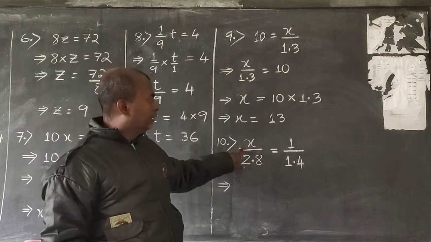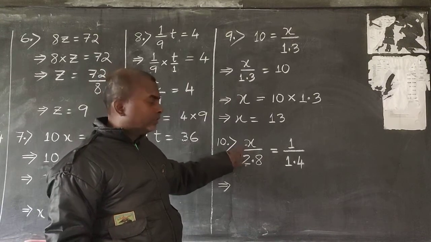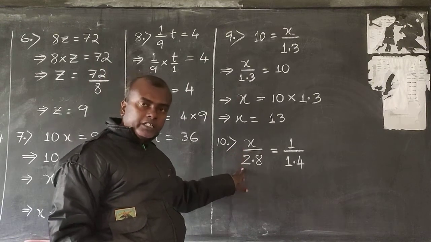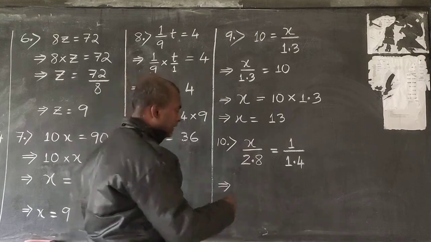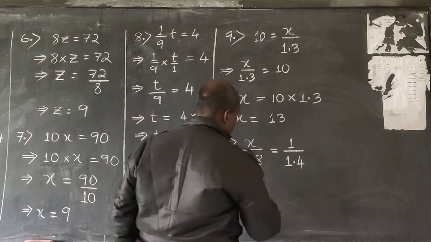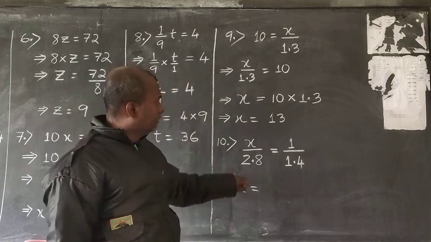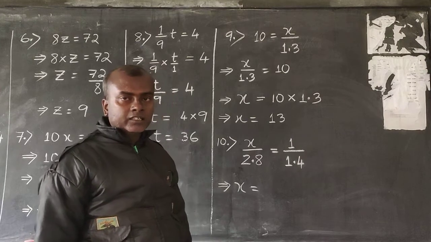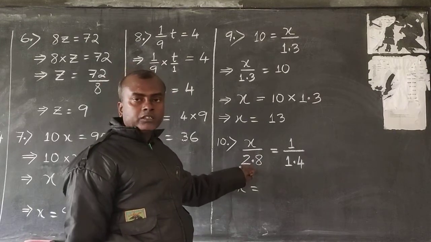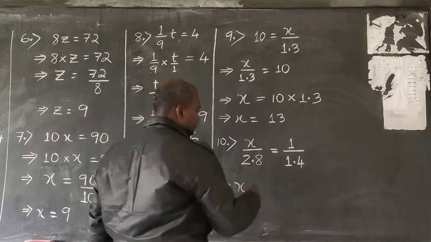On the left side you have the variable, and with the variable you have divided by 2.8. So we have to isolate x. So when we isolate x, 2.8 will change its position and go on the right hand side, and from denominator position it will go in the numerator position.